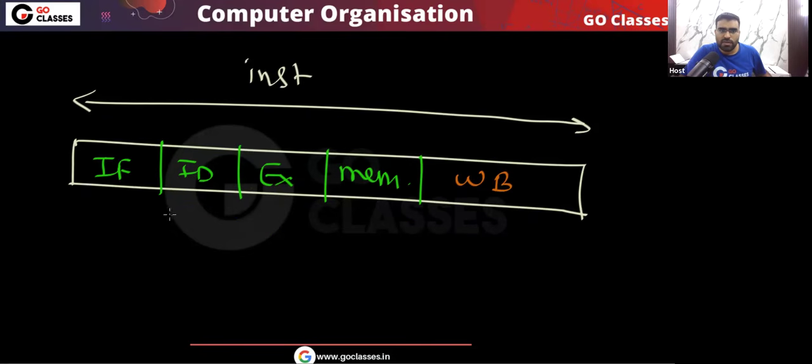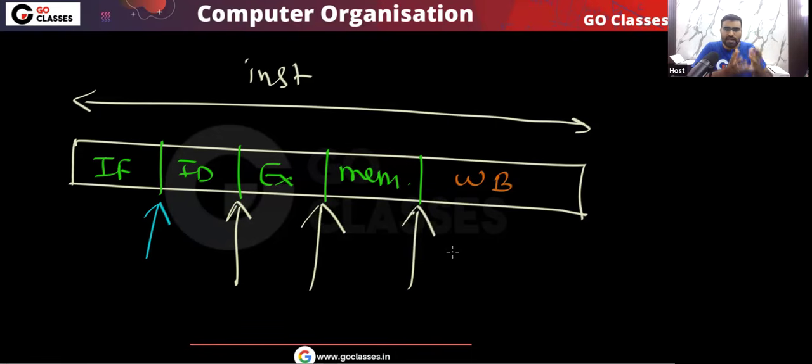Now let me tell you what the DMA breakpoints are. The DMA breakpoints are these. If the CPU is fetching the instruction, then after fetching the instruction, the CPU can give the control of the system bus to the DMA. At this point, the CPU can give access to the DMA, or at this point, or at this point, or here.